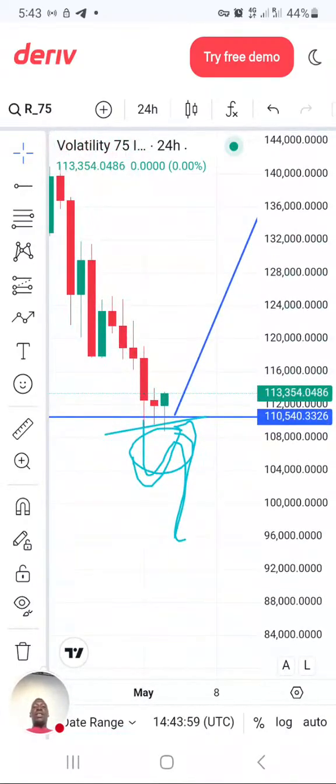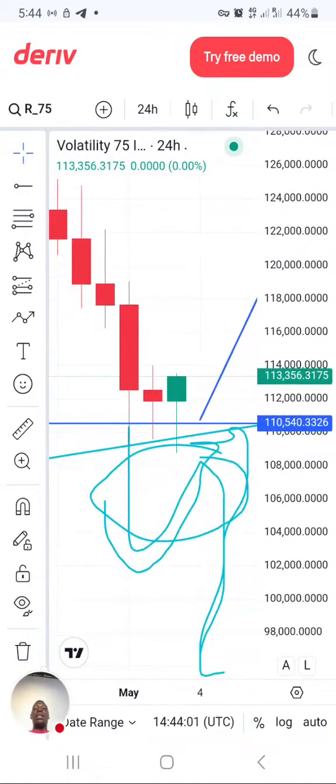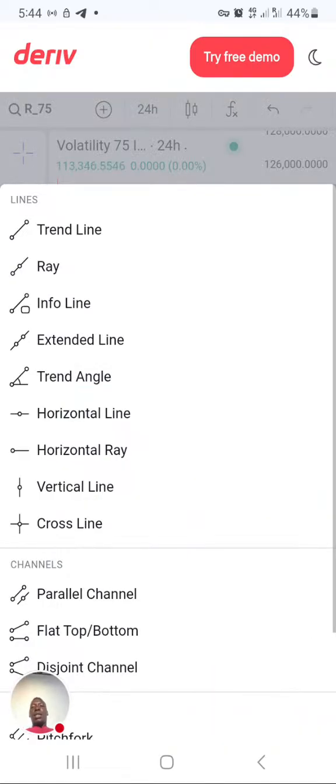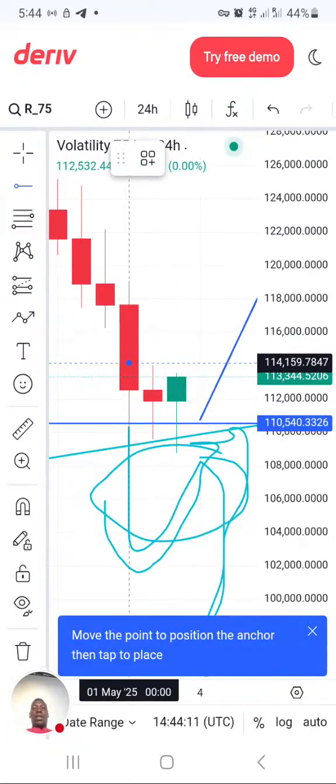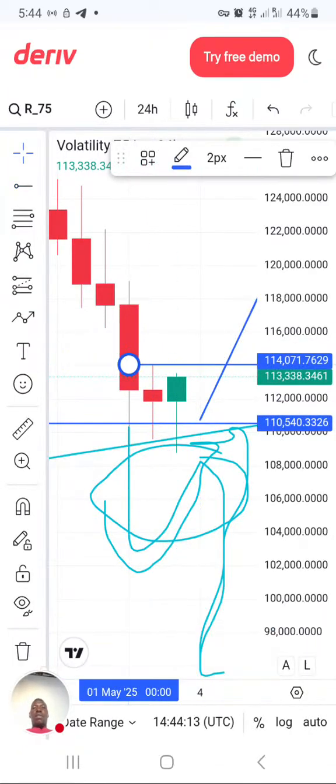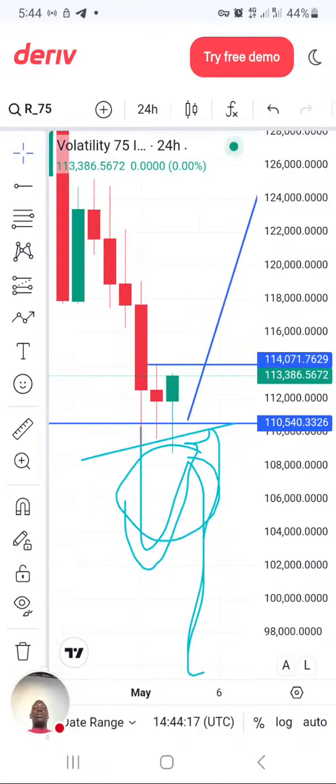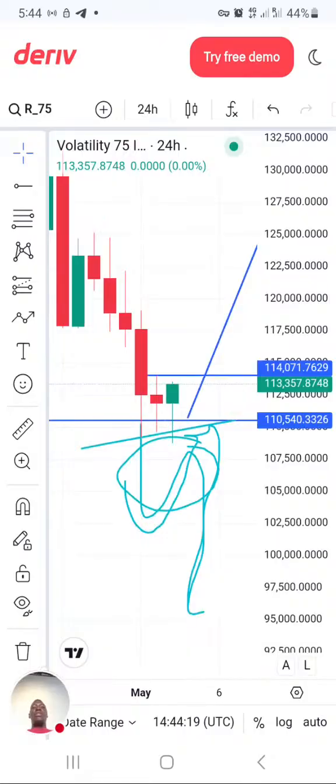If this daily closes, you can see that yesterday closed as an indecision, and if we close daily above this area here, if we break yesterday's daily and then close above it, then this will show us that the momentum of shifting upward has begun.